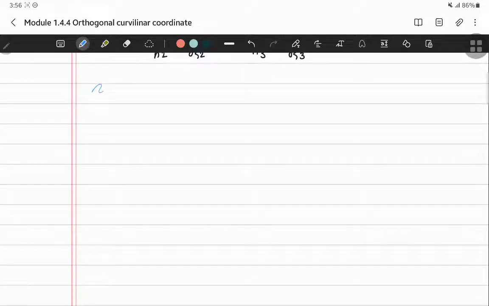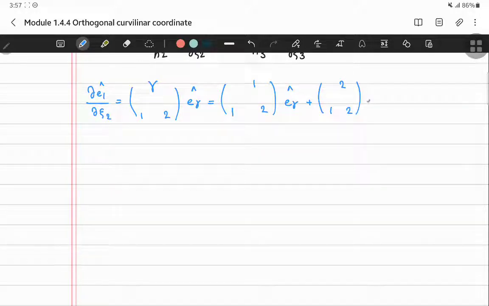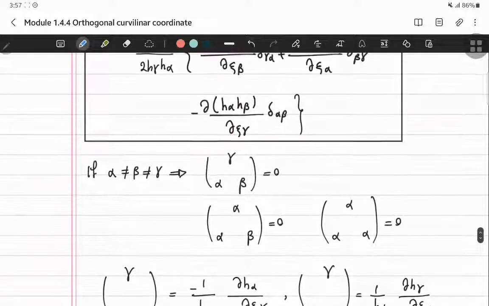All right, so next, change color. We have partial derivative of e1 with respect to z2. So it is gamma 1 2 e gamma. So it is 1 1 2 e1 plus 2 1 2 e2 plus 3 1 2 e3. So this is 1 2 3. This is 0. This is like this case.